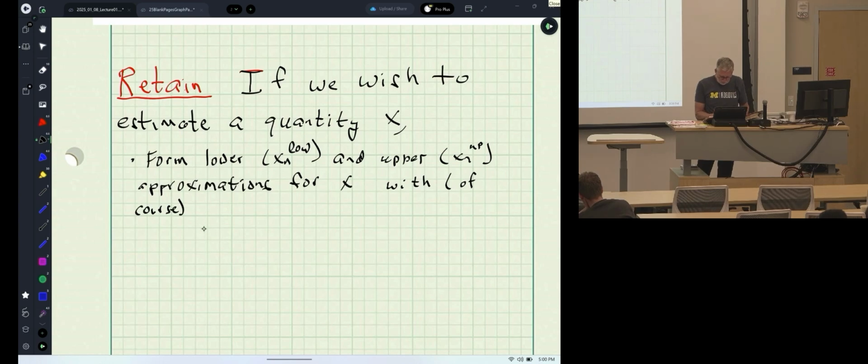And you'll see what I mean. You want the lower approximation to literally be a lower bound for x. How close is it? We don't know. We have an upper bound for x. How close is it? We don't know.